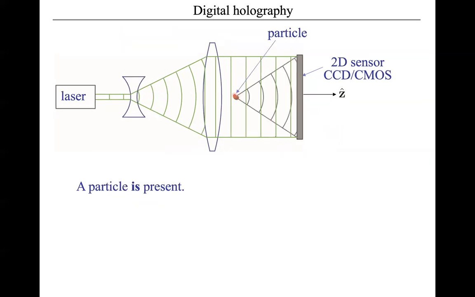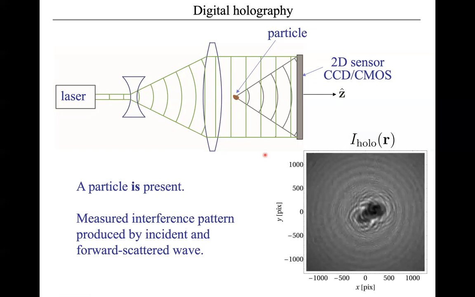Then we allow an aerosol particle to show up in front of the sensor somewhere, and we repeat the exact same measurement. Now notice there are two waves present at the sensor: the scattered wave due to the particle, and the incident wave that was there before. The two interfere, and you get a system of interference fringes on your detector.